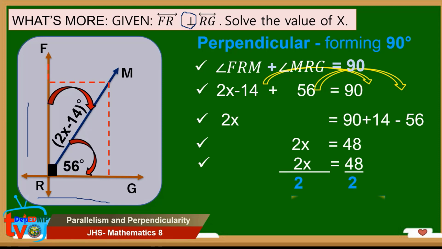Good job! X is equal to 24. Okay, if I'm going to ask you, what is the actual measure of angle FRM? The measure of angle FRM is 34 degrees.